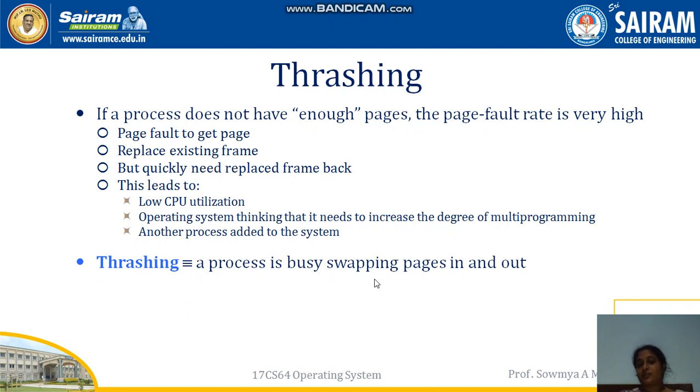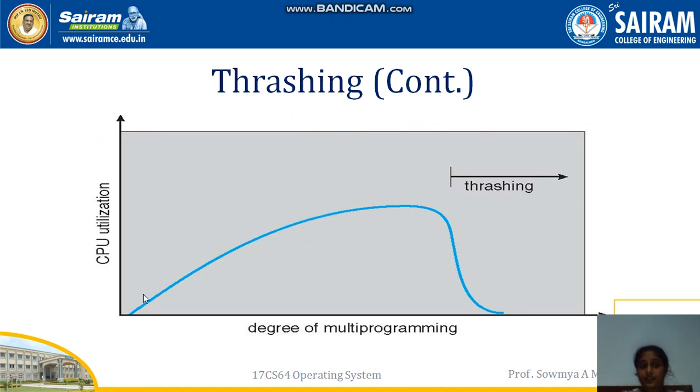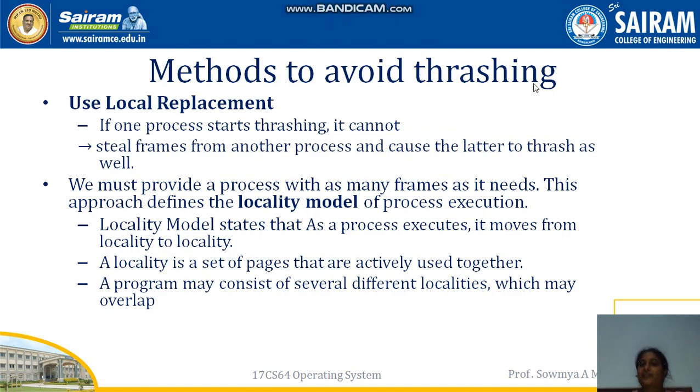A process is busy swapping pages in and out, so CPU utilization reduces, and the degree of multiprogramming is increased. That period is called thrashing.